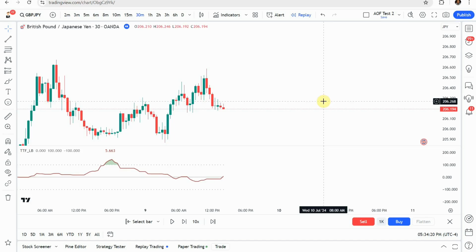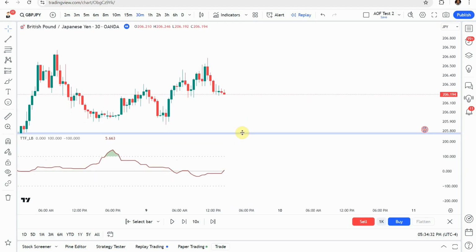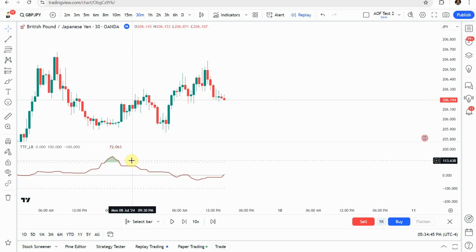Now, in the source video, the creator explained how to use the trend trigger factor indicator, and also that it should be used on a higher time frame. Since most people are still interested in day trading, and this indicator is a little bit better on a higher time frame, I put the time frame on the 30-minute.